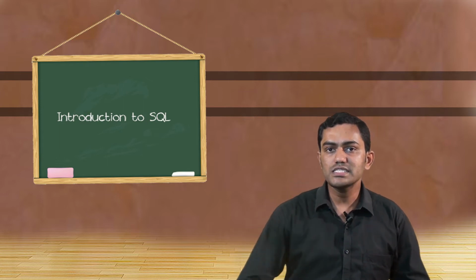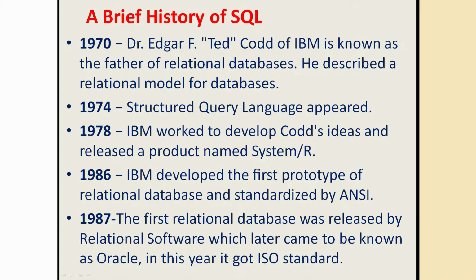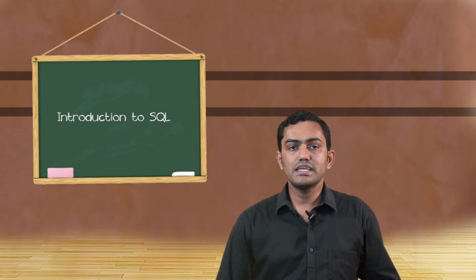Before discussing in detail, we should come to know how it was developed. In the year 1970, Dr. Edgar F. Codd of IBM developed the relational model. He was an employee of IBM. In 1974 he developed Structured Query Language.